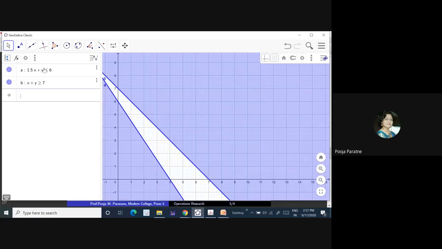X1 is less than or equal to 2. So here x is less than or equal to 2.